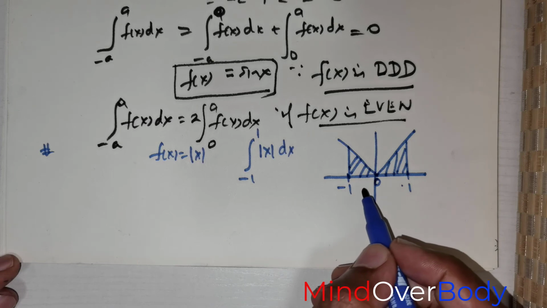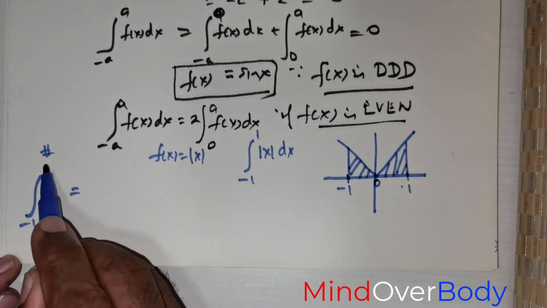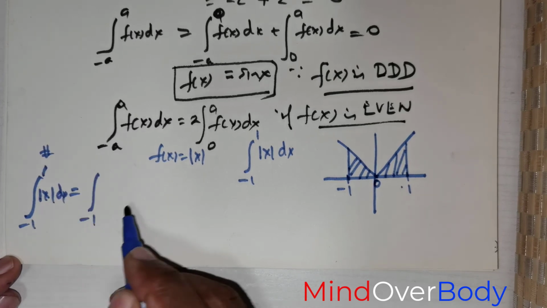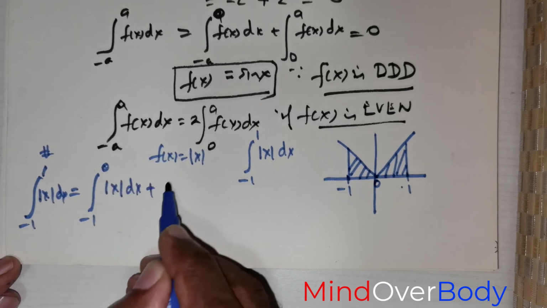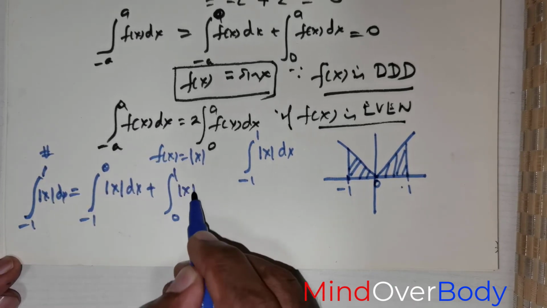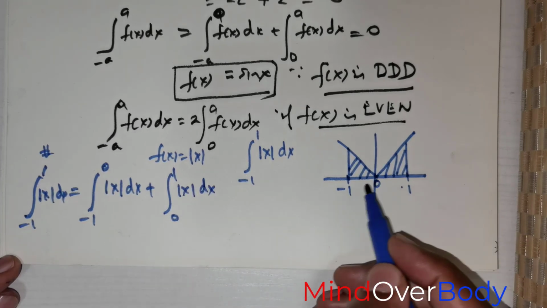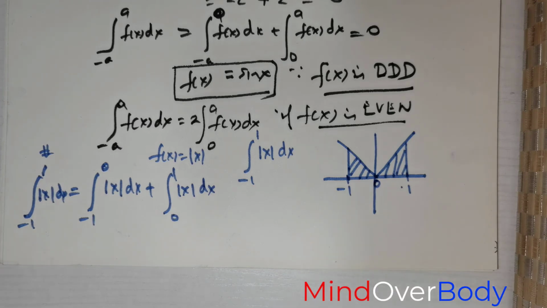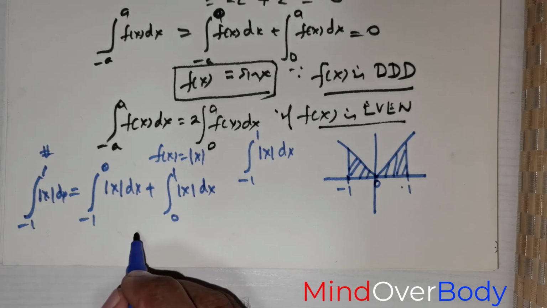Now this can be rewritten: integral negative 1 to 1 modulus of x dx can be rewritten as integral negative 1 to 0 modulus of x dx positive integral 0 to 1 modulus of x dx. Now for all values of x lying on this lesser side, x, or in other words modulus of x, would open up with a negative sign.